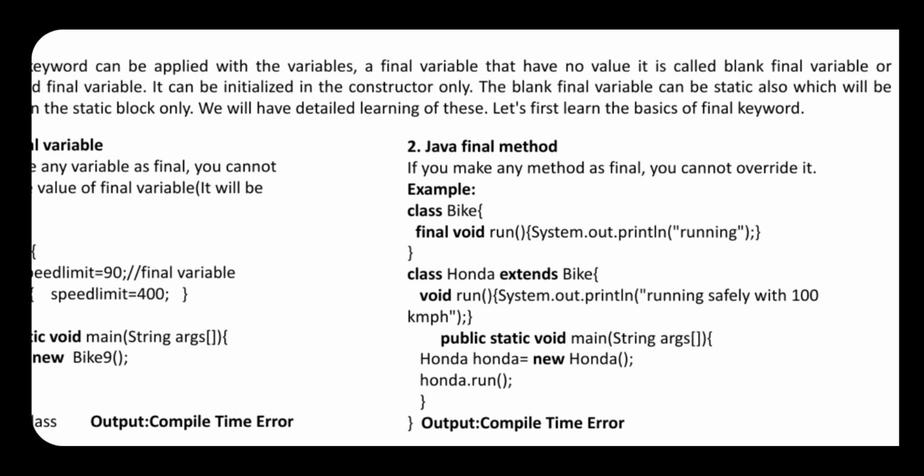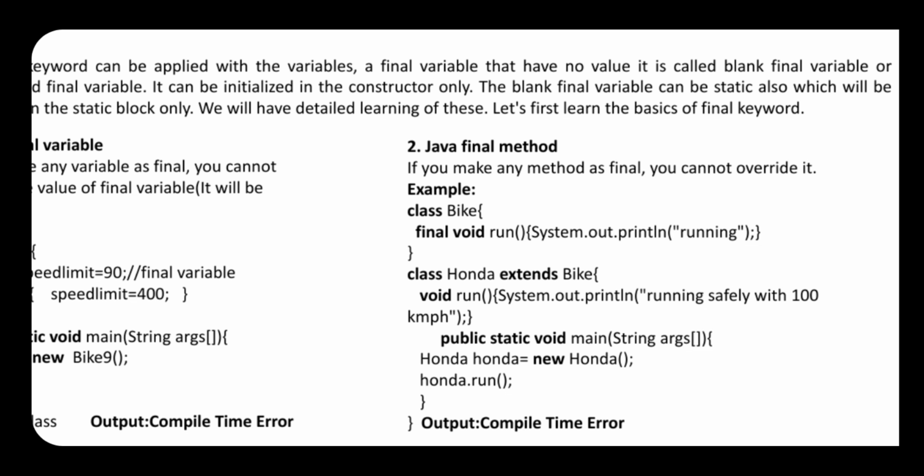Final method stands for what? A method which is defined with final, you cannot override it. Override means defining the same name in a superclass as well as a subclass. At that time the subclass is going to execute the function with the same name.